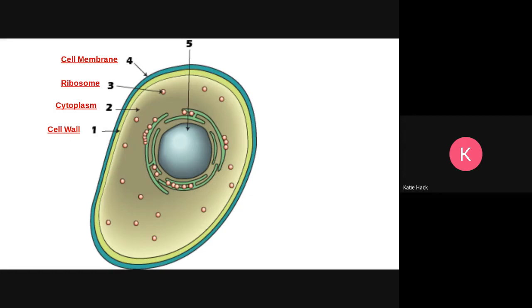Okay, and then number 4, that outermost layer is your cell membrane. And 5 is the nucleus. So the eukaryotic cell contains the nucleus, it has a cell membrane, ribosomes, cytoplasm, and the cell wall.